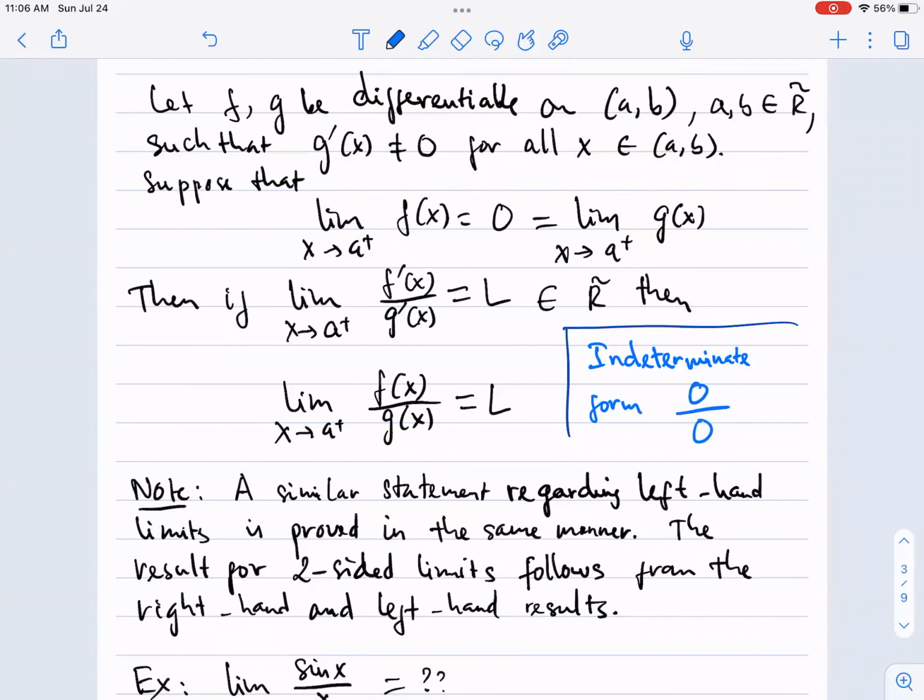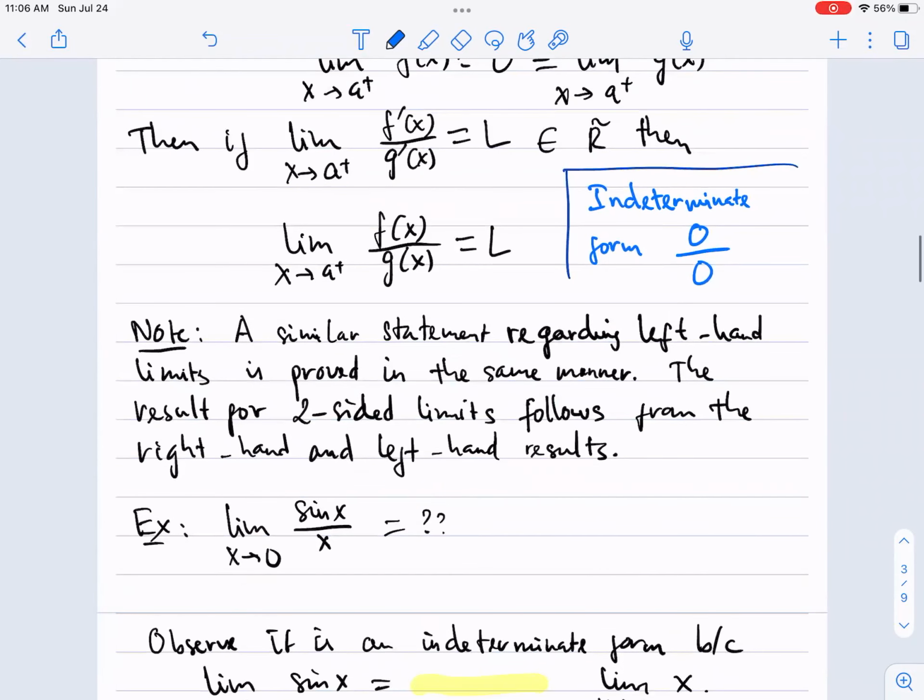zero divided by 0. In this case, both the functions f and g are approaching 0 when x approaches a. Then the limit of their quotient is equal to the limit of the quotient of their derivatives.